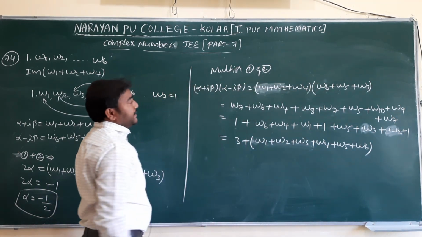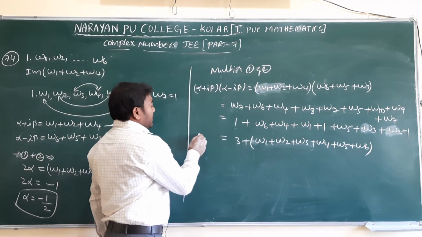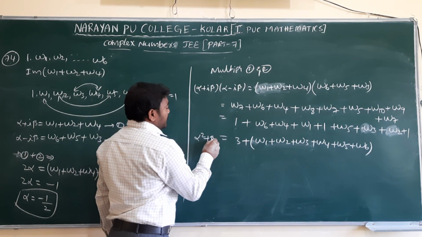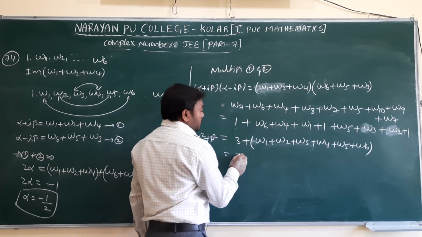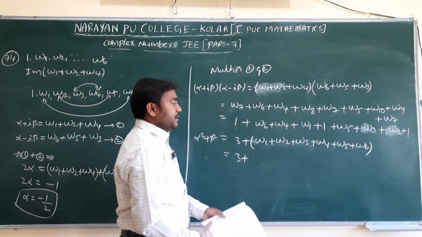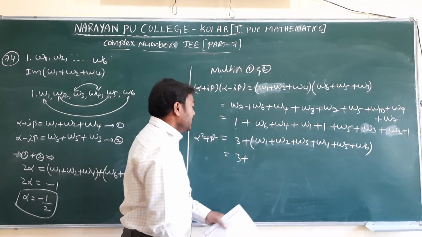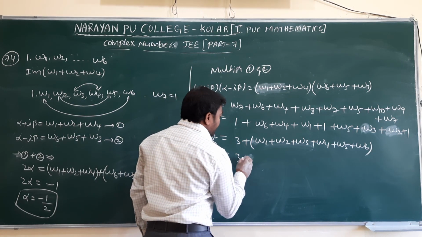So alpha plus I beta into alpha minus I beta is alpha square plus beta square, equal to 3 plus the sum of the roots, which is minus 1.